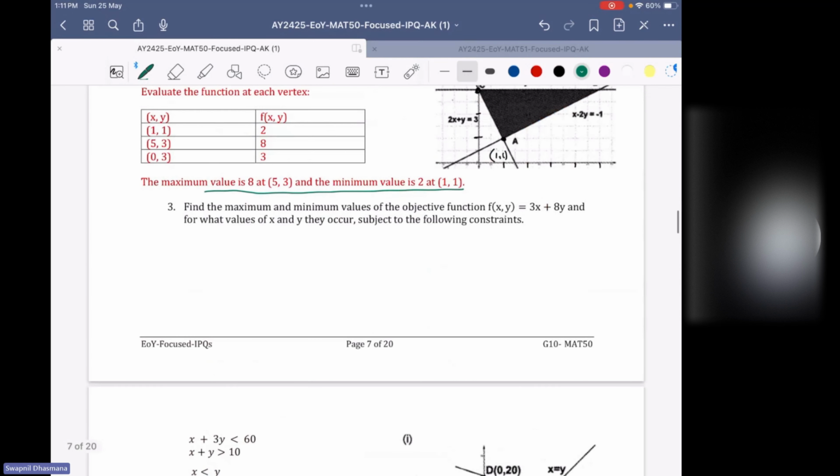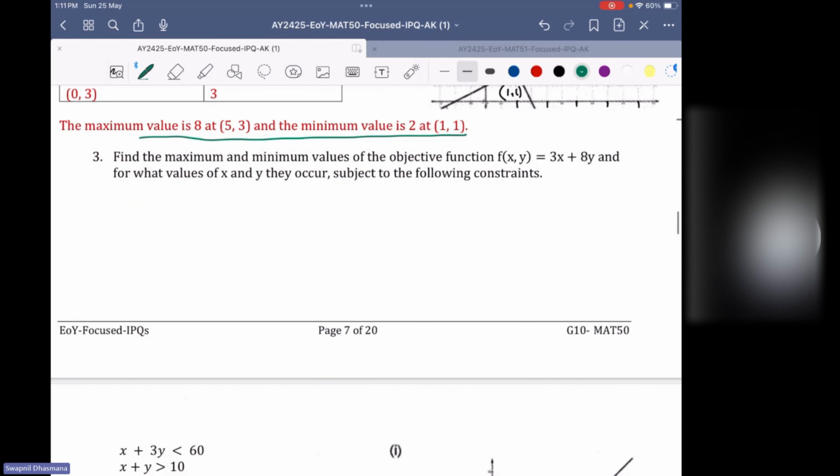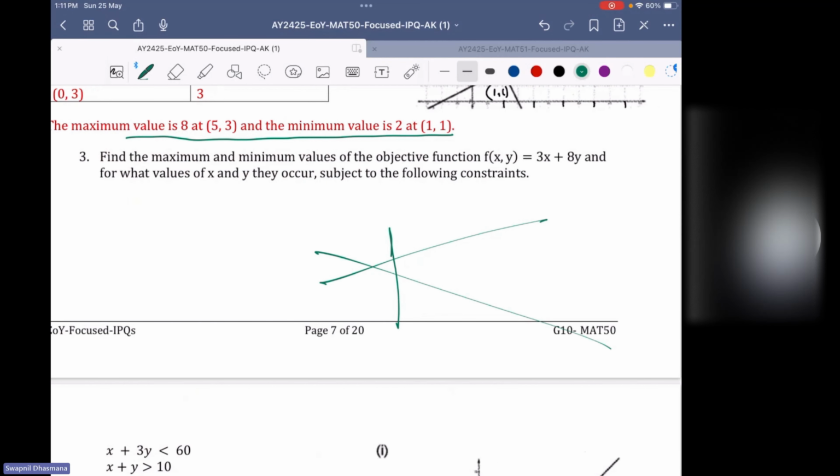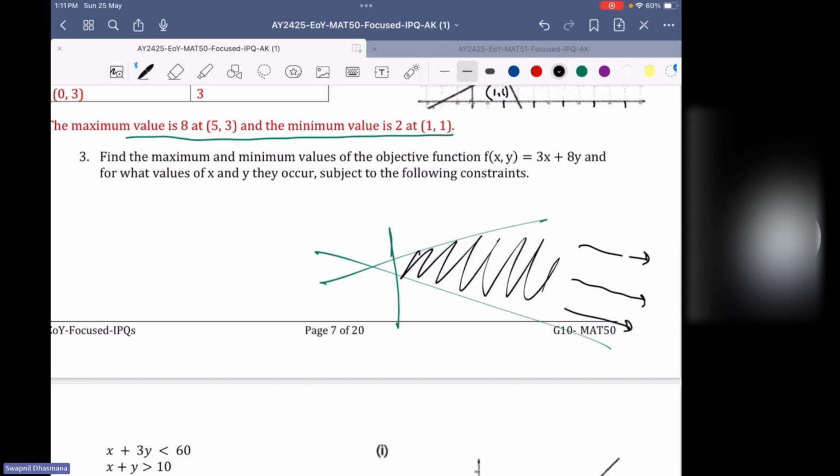Okay, we do not see it here, but for example, if you have a couple of lines like this, and I'm talking about this region. Now this region is unbounded. It's not closing by the third line, which means either it will not have maximum or minimum or both, because you don't know how high it will go or how low it will go. Same ways you can have a function like this.